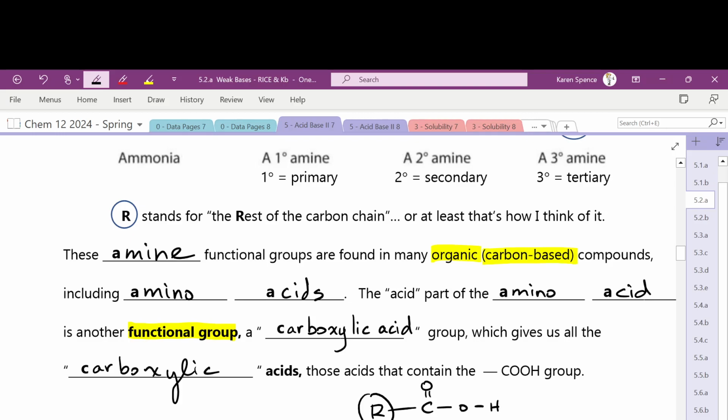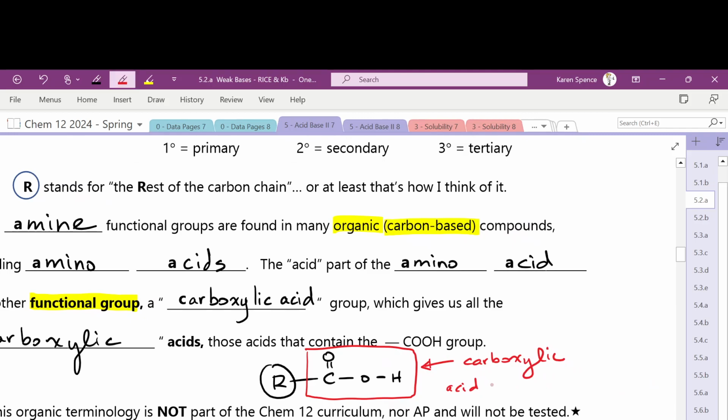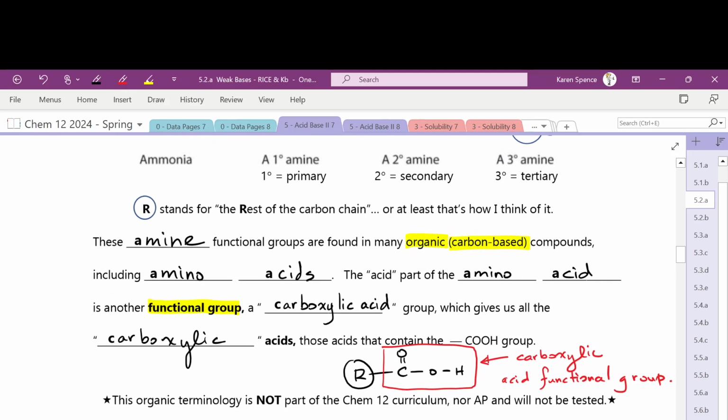So if you have this functional group here, that is the carboxylic acid functional group. All the stuff on this page is not part of the Chemistry 12 curriculum, and it will not be tested.